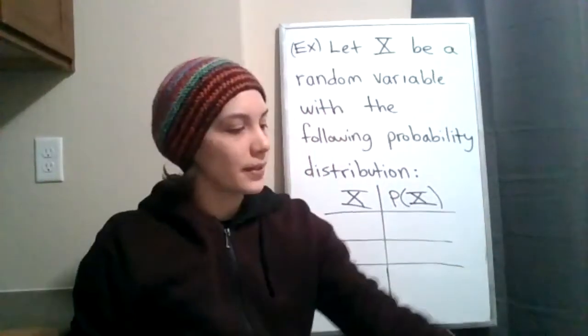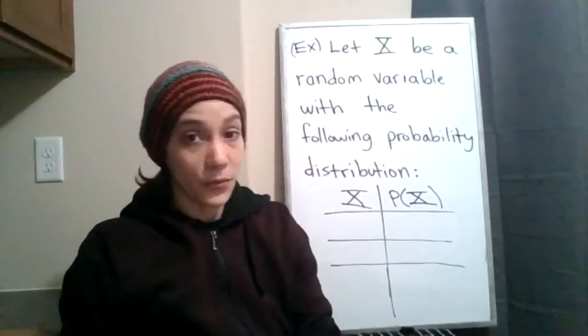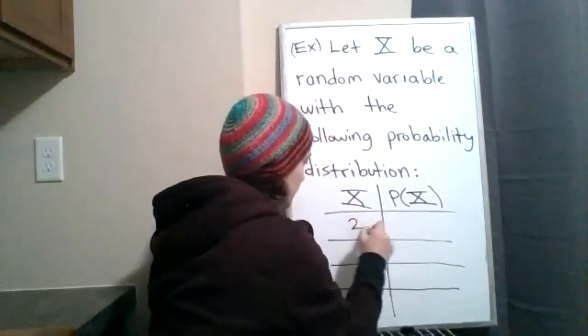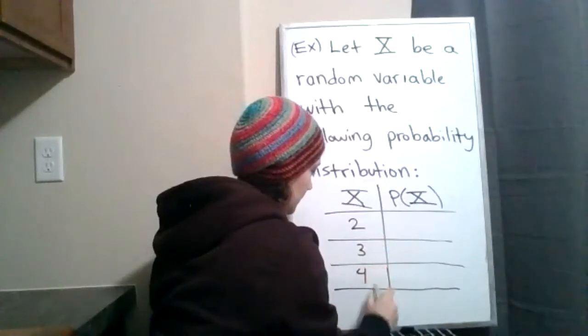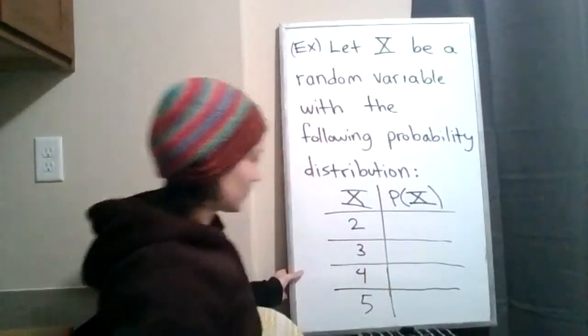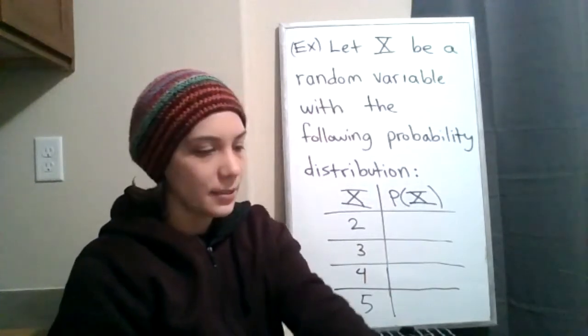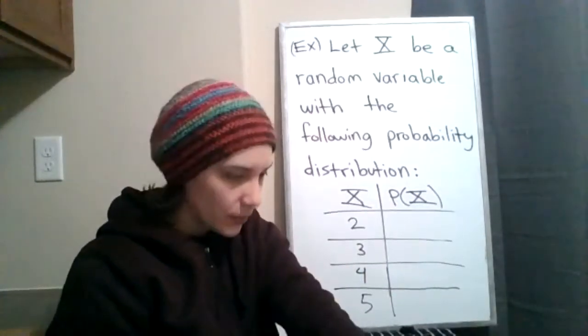Okay, we have 2, 3, 4, 5. On the other side, it's 0.57, 0.23.